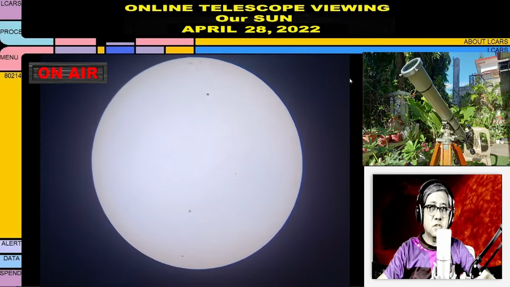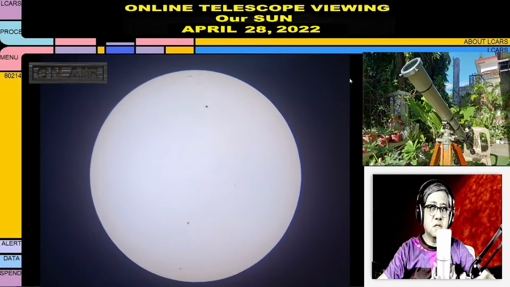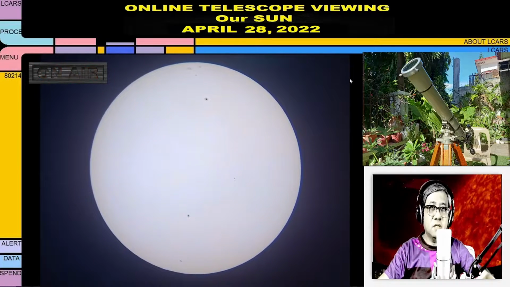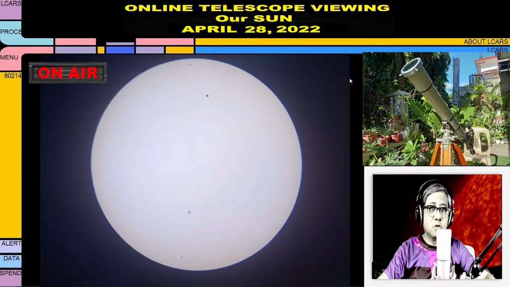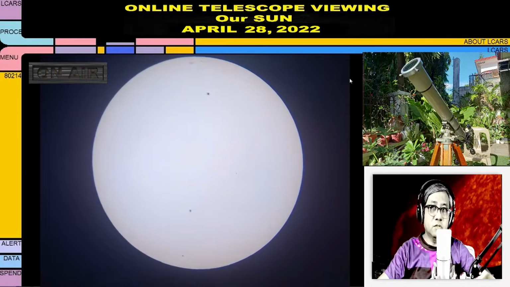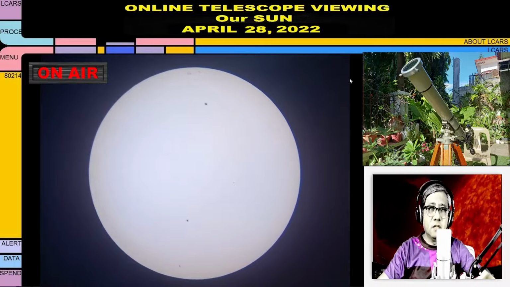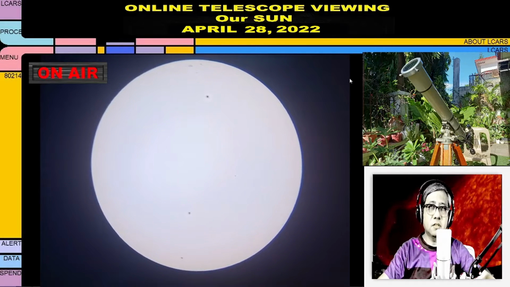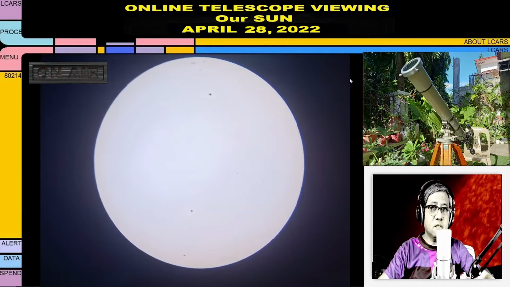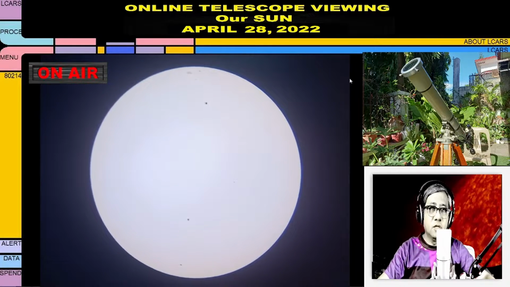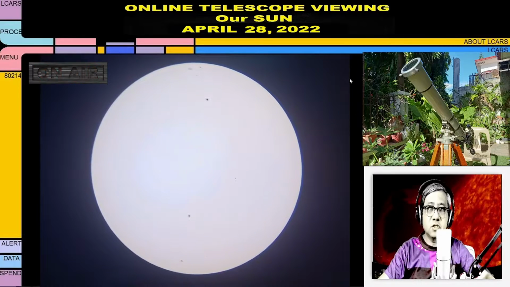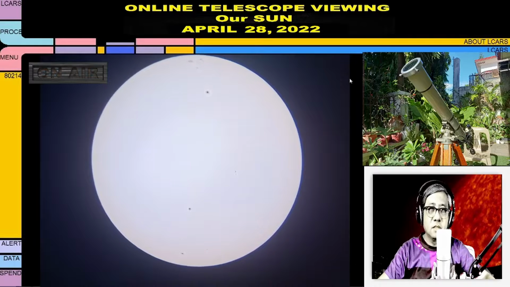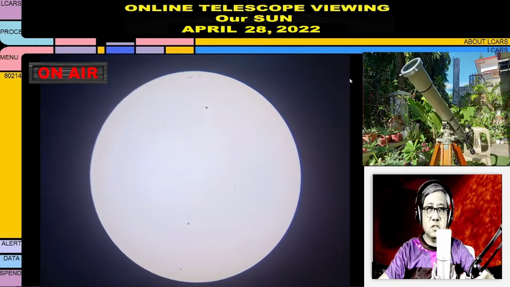Alright, we know mga ka-spacers that these sunspots are caused by disturbances in the sun's magnetic field welling up to the photosphere. That's the visible surface of the sun. The powerful magnetic fields in the vicinity of those sunspots produce active regions on the sun, which in turn frequently spawn disturbances such as solar flares and coronal mass ejections.